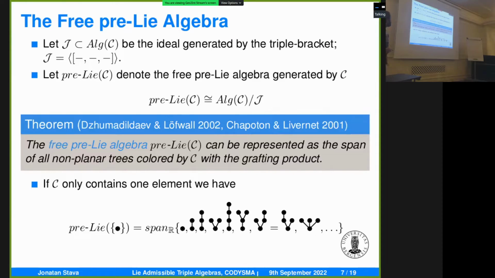The free pre-Lie algebra is as follows. Let J be the ideal in the free algebra that is generated by the triple bracket, which is exactly the relation that is supposed to be 0 in the pre-Lie case.